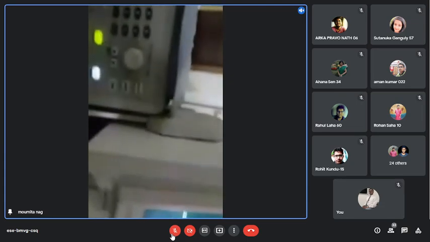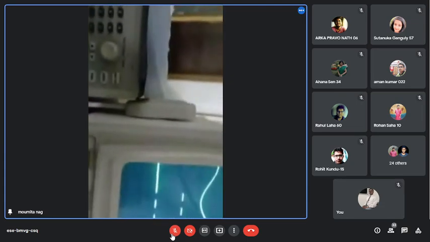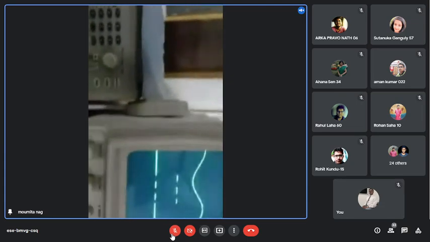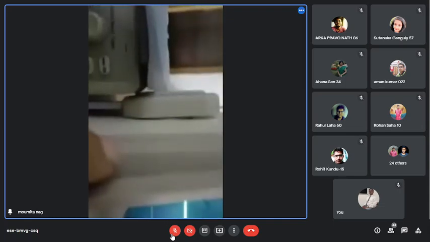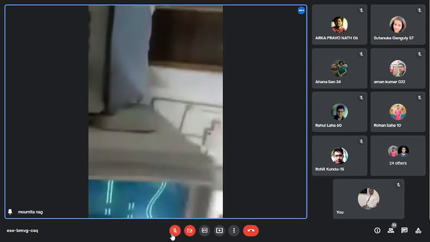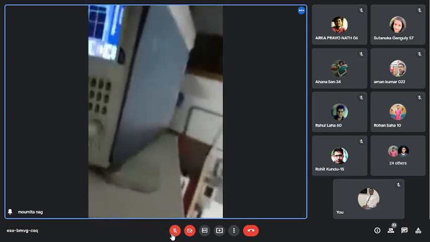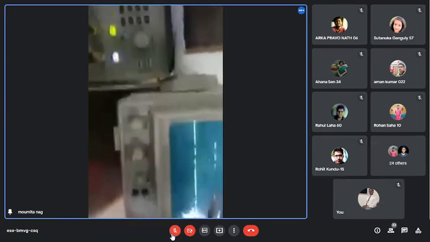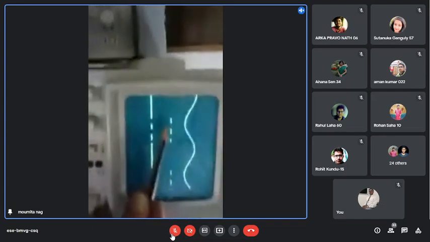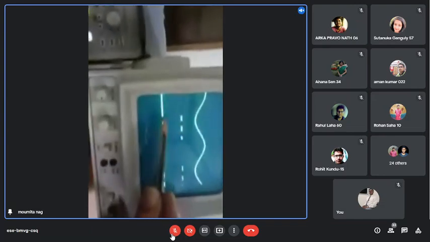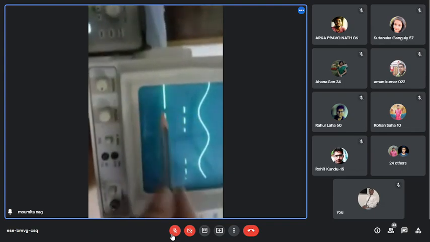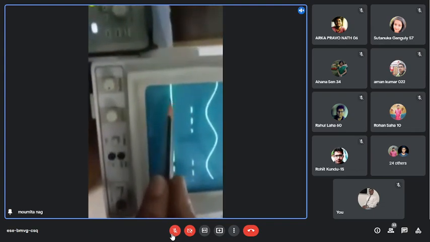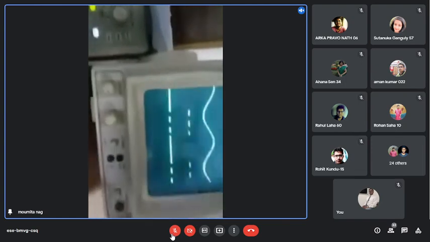Now the time per division is kept at 1 millisecond. The first T on time starts from this pulse. Neglect this negative part, discard this T of time, and start from this T on.